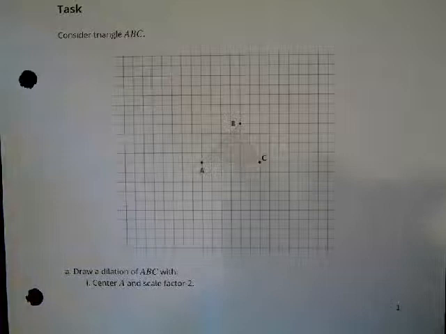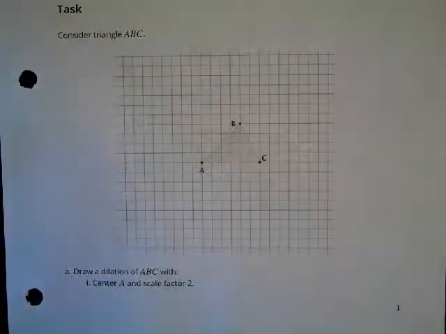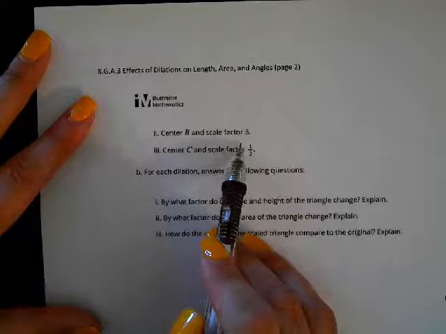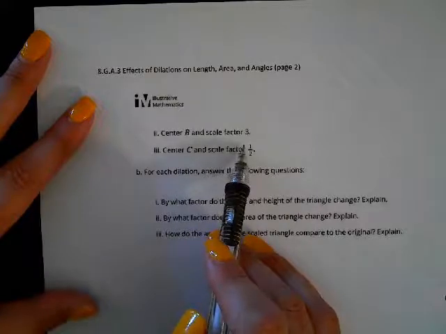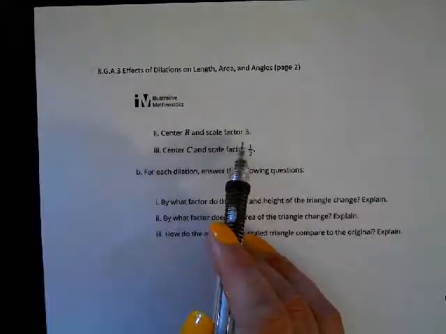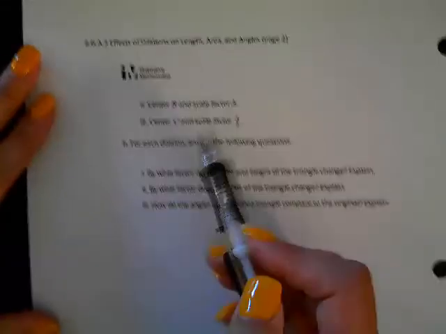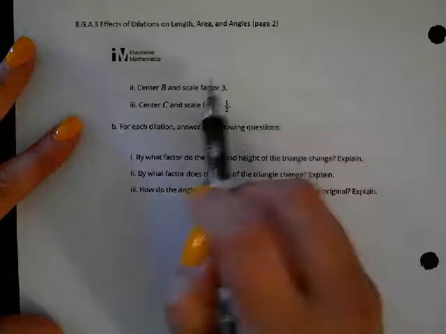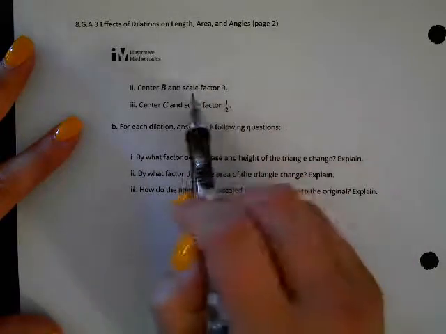And then it says center of B and a scale factor of 3, center C scale factor of 1/2. I did a scale factor of 2 for every single one, so you're going to ignore my answer key in the back because it's wrong. I'll fix it in a little bit. So they're asking you to change the center of the triangle every single time you do this problem.